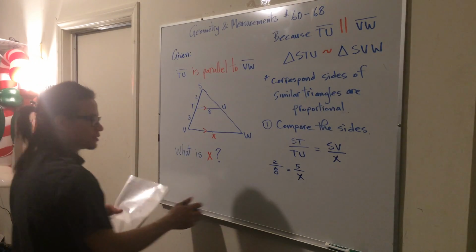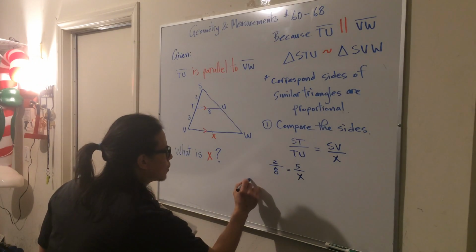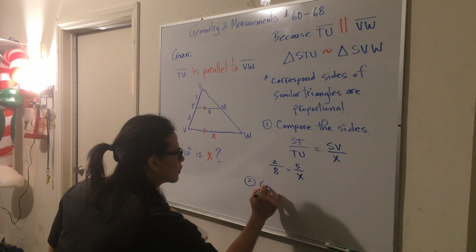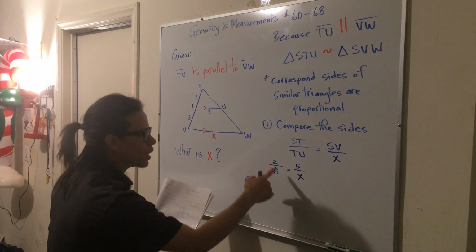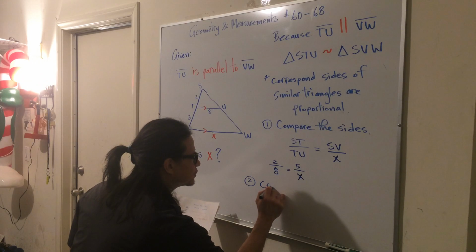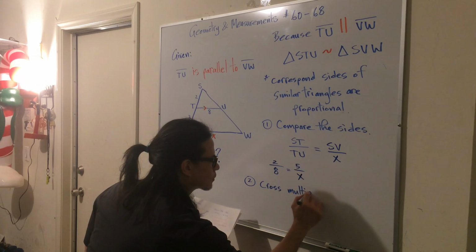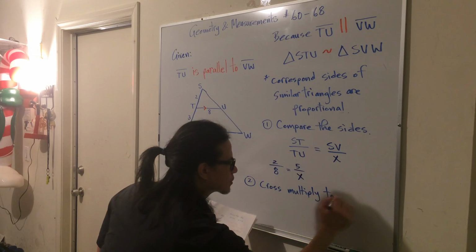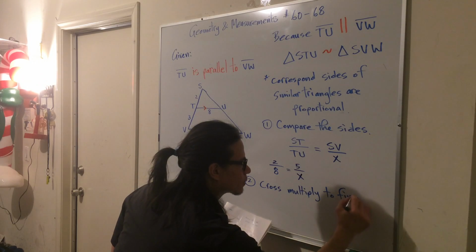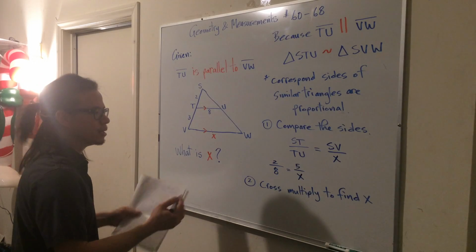Okay, so step 2 would be to find X by cross multiplying. So let's cross multiply to find X. Okay, and then we'll be done.